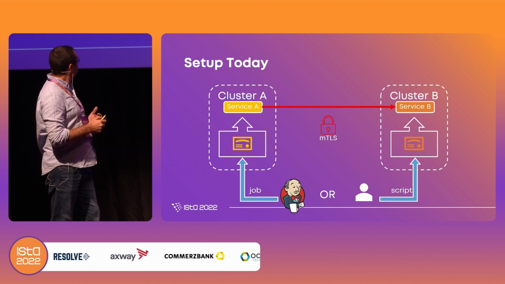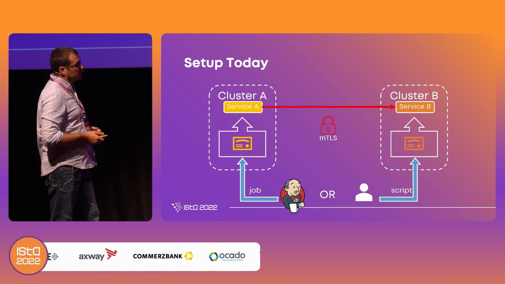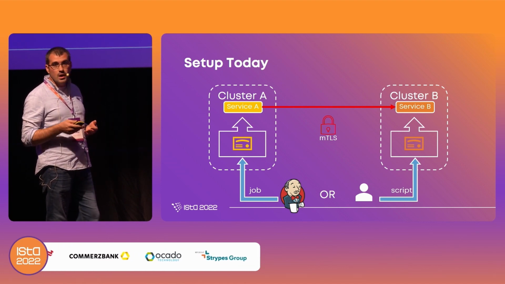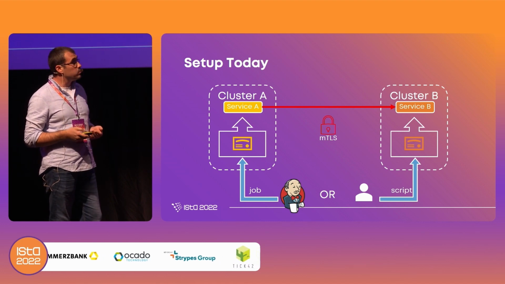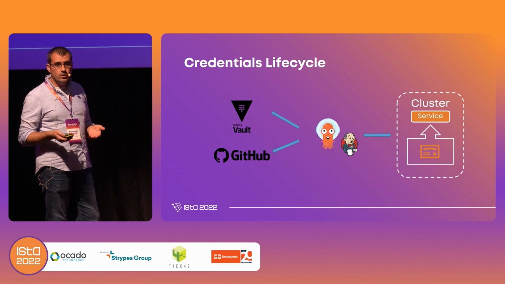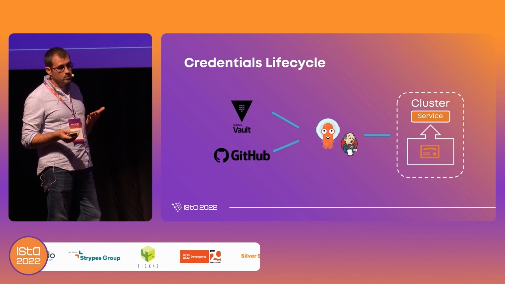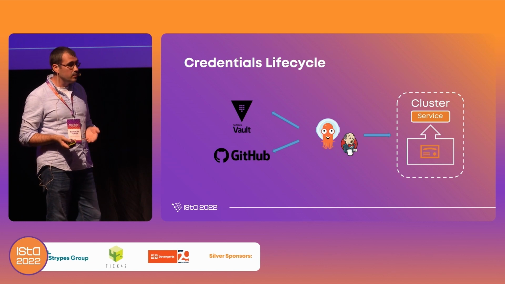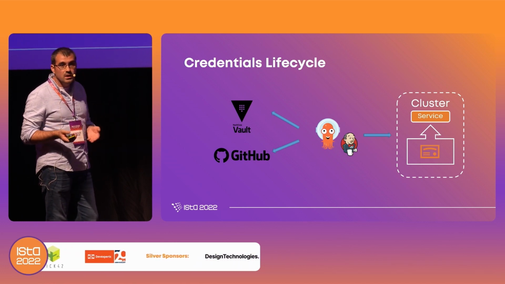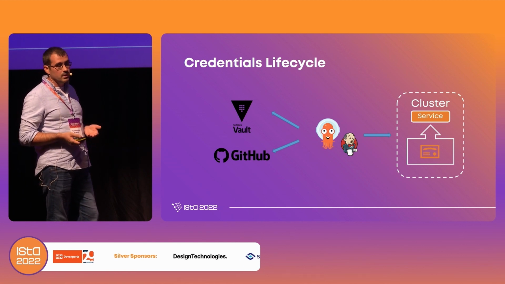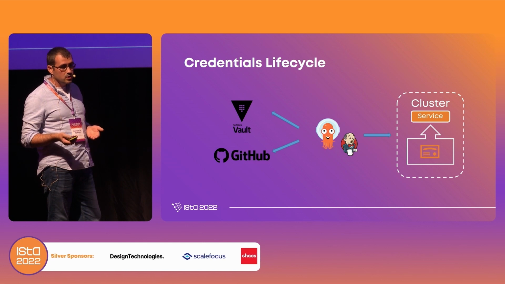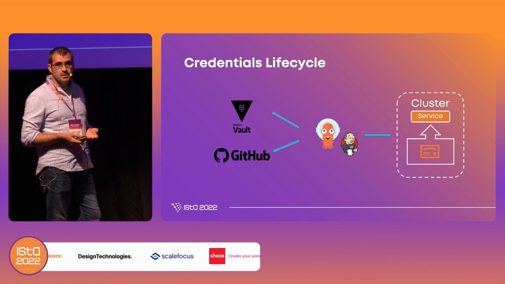Usually people will stick a bunch of Jenkins jobs somewhere, or some other CI/CD tool, to automate this process as much as possible. For example, if we say we are using Kubernetes, the one thing that I will do immediately if I have a very simple setup is use GitHub and Vault. I will follow the standard GitOps process and have all my application definition and service definition as code.